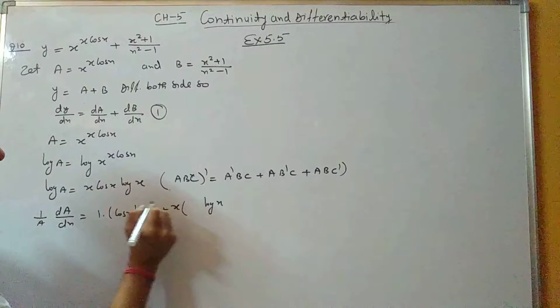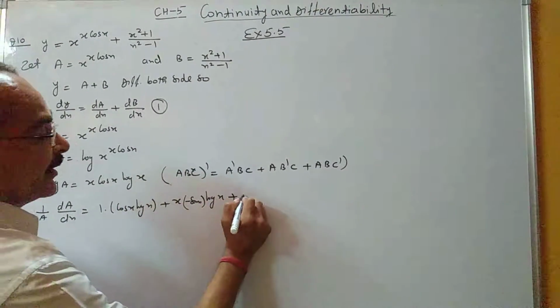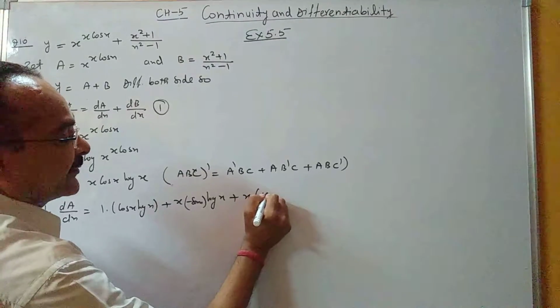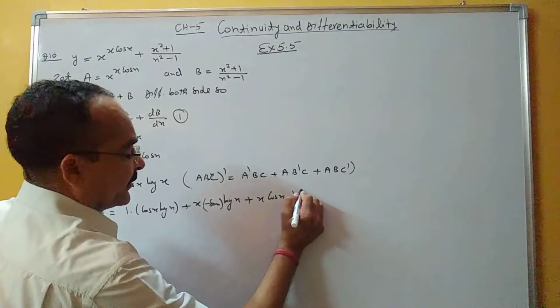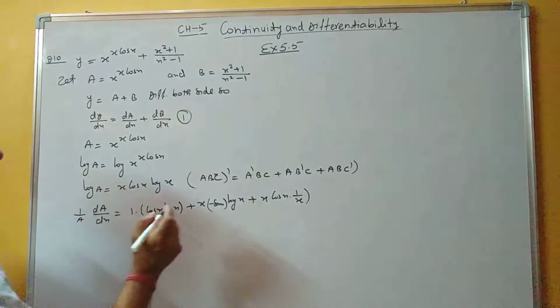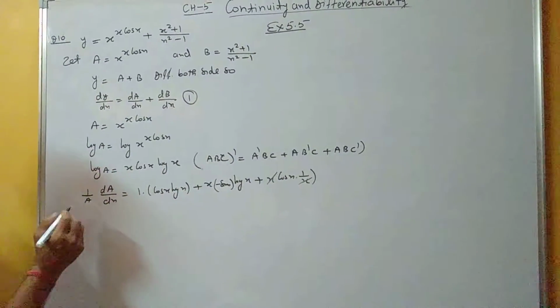Differentiation of cos x is minus sin x, plus x cos x is same. Differentiation of log x is 1 upon x. So differentiation is complete. Now x is cancelled.